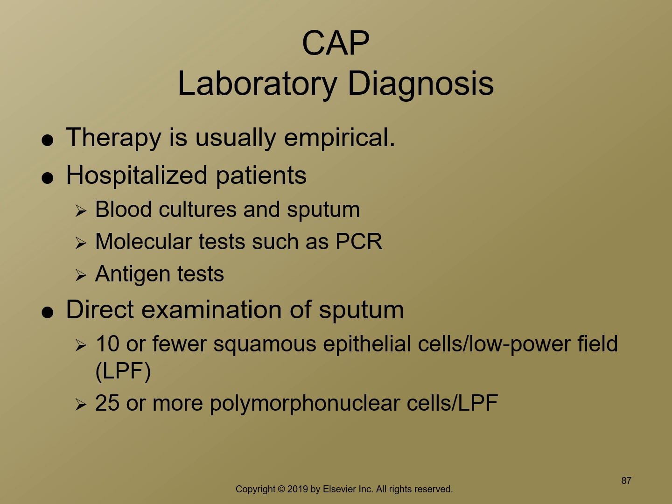For patients with mild disease who are treated as outpatients, microbiology diagnostic testing is generally not performed, but patients with more severe disease who are hospitalized may meet criteria for cultures of blood and sputum.